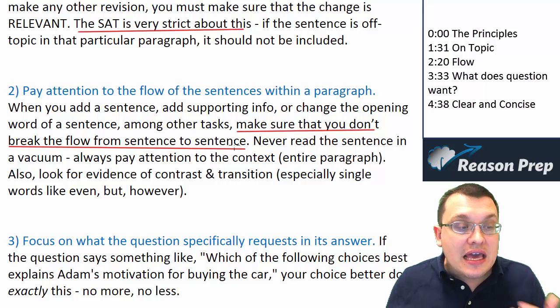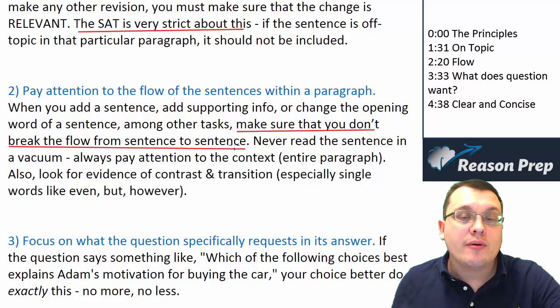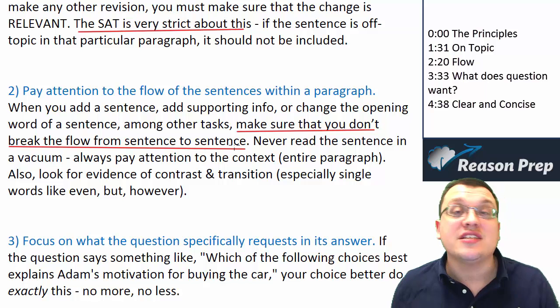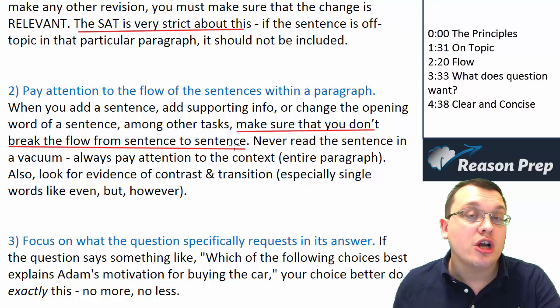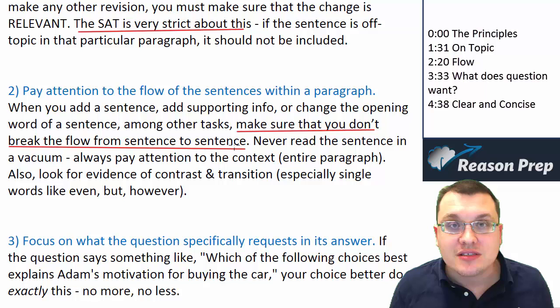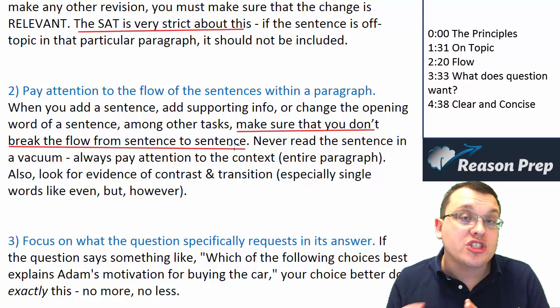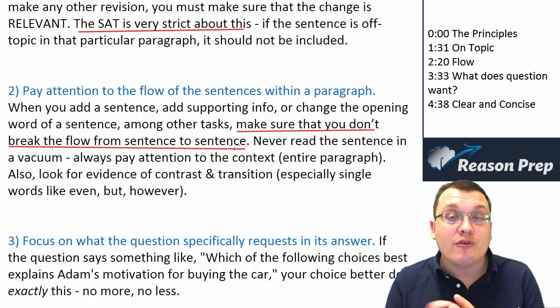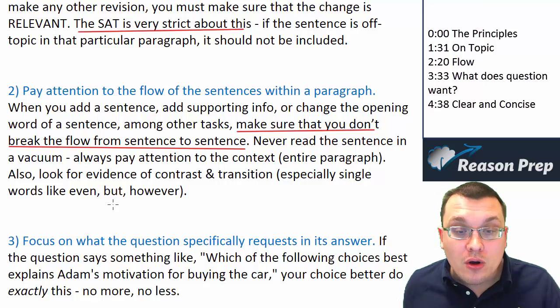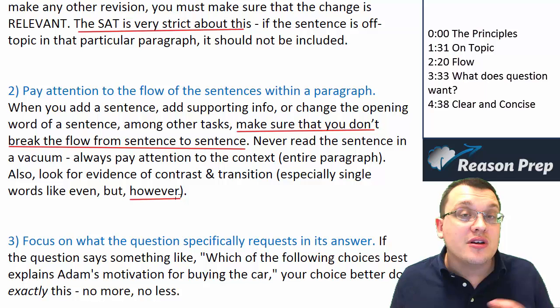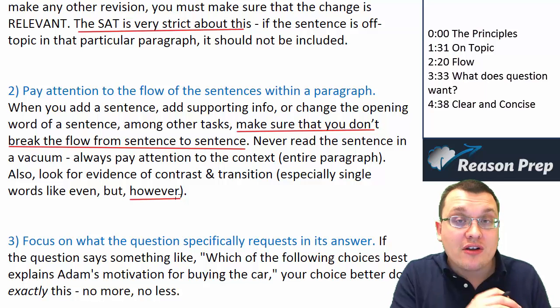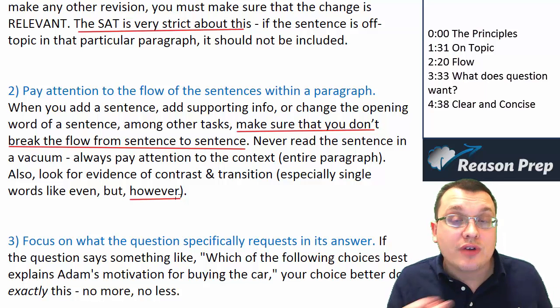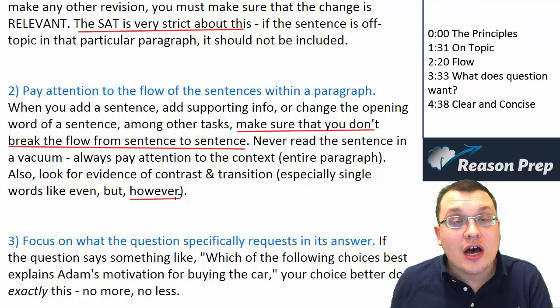For example, if this paragraph is showing some sort of contrast or transition from one point to the next, showing one argument and the counter argument, you want to make sure that your change reflects that flow. So you might, for example, pick the choice that contains the word however, because that would show that flow of contrast, one point contrasting with the following point.